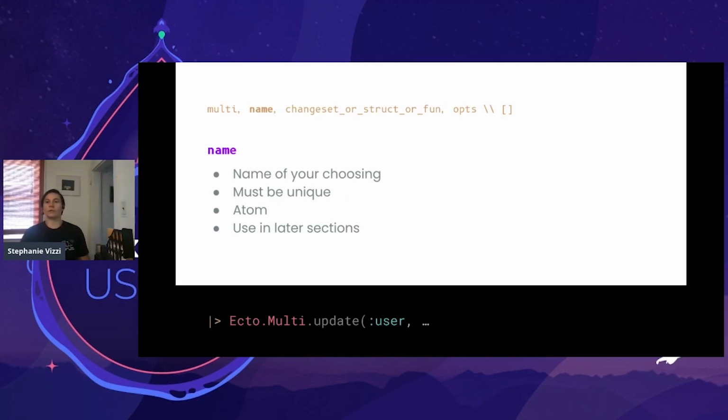The things to remember are that you can choose any name that you want, it does have to be unique, and it does have to be an atom. You're going to use that name often in later sections, not necessarily, but it's nice to have as a reference. So just keep that in mind. You can also change that up if you need to via pattern matching. We'll look at that in a little bit.